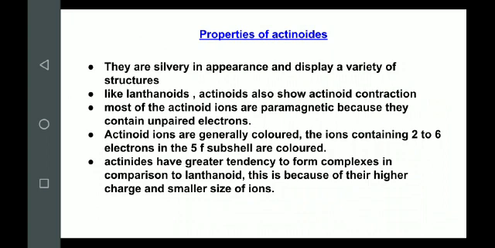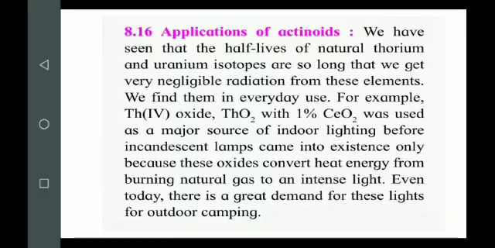Because of this, the contraction in the actinoid series is greater as compared to the lanthanoid series, and the charge to size ratio becomes good. It means they have higher charge and smaller size, and they become more reactive. That is why actinoids have a greater tendency to form complexes than the lanthanoids.